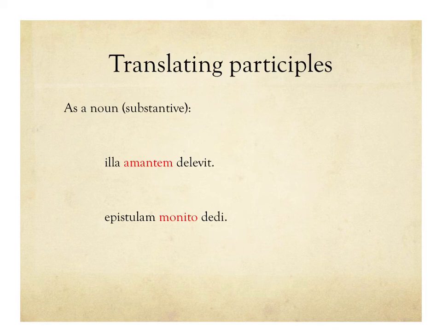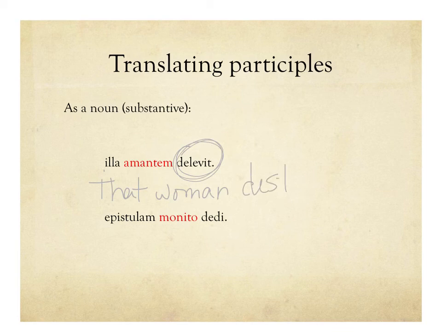But we could say something like illa amantem delewit, right? So we would say that woman, illa, delewit, there's our verb, destroyed. And what did she destroy? Amantem. There's our accusative. So she destroyed a loving person.